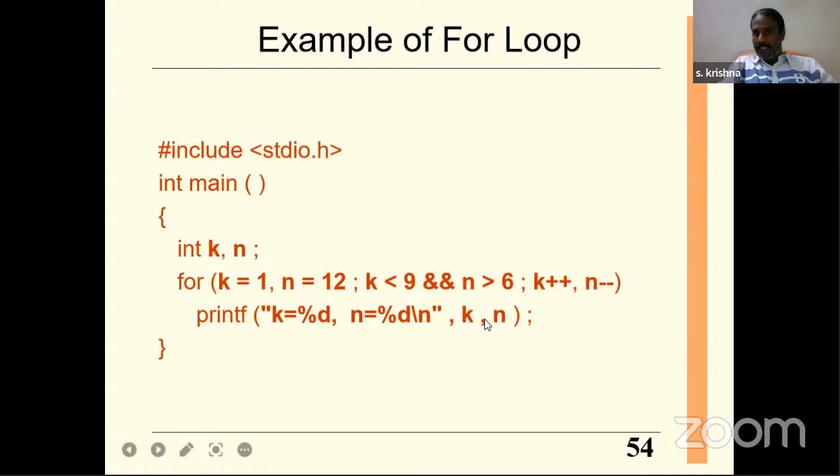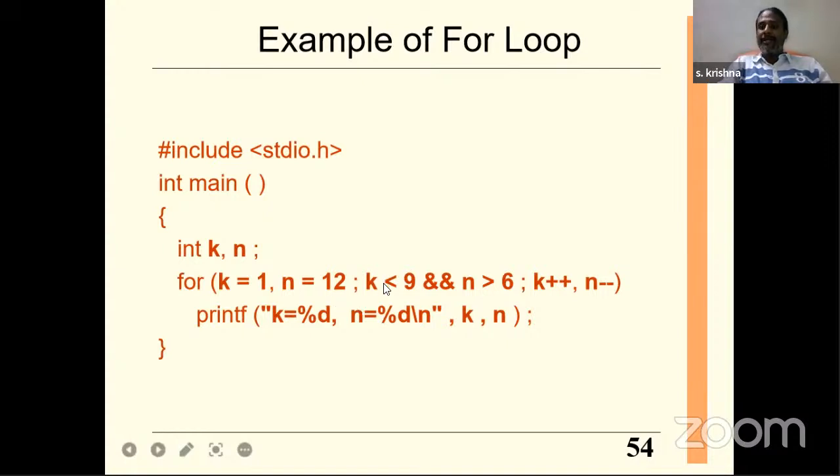After this statement is true, it will again increment the k value. Now the k value becomes 3 and the n value will be decremented by one more, which is 10. Okay, till when will it be done?